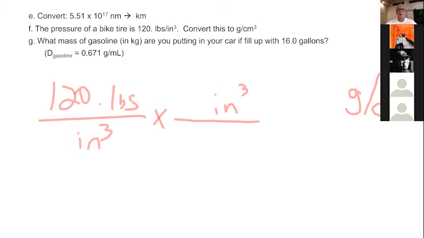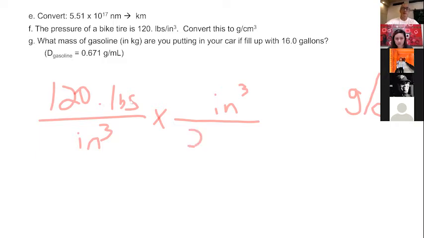Anyone remember what the conversion factor is for 1 inch? 2.54 centimeters. That's right, exactly.